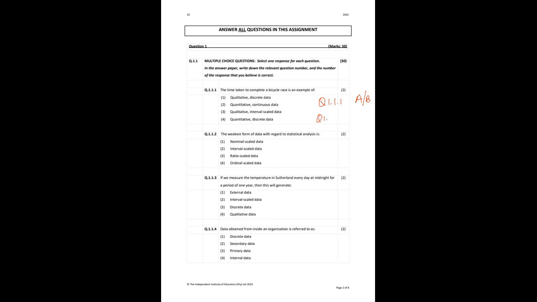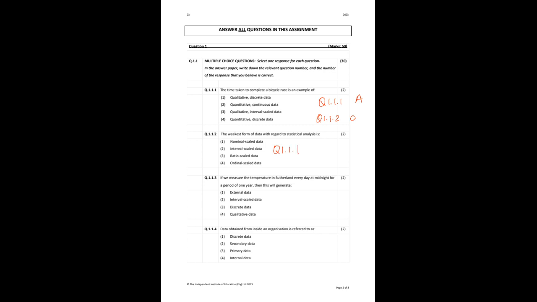So you can either write it down or highlight it, whichever you prefer. However, what I do ask that you not do is write down the whole definition. So, for instance, don't write down question 1.1.1 and then write down that the time.